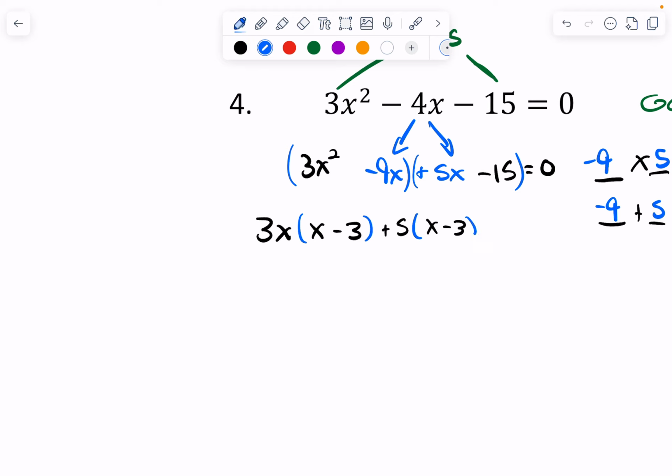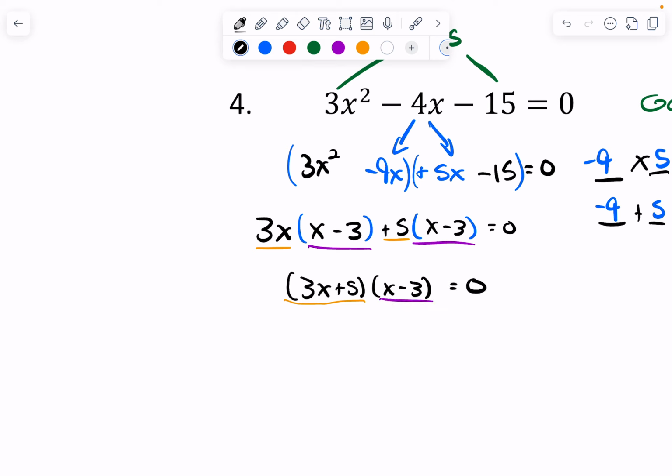You know you've done it correctly if your two brackets are the same, which is the case. And then you just write everything on the outside: the 3x and the plus 5, which are right here and here. That's what goes there. And then you have everything that was the same, the x minus 3. That's right there.